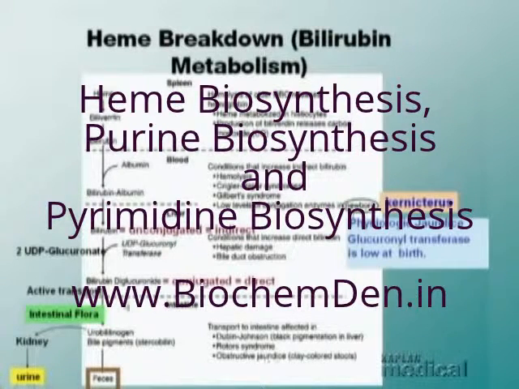Why is that? You can picture there's a big block preventing the bilirubin from getting from the liver to the small intestine, and therefore the feces are not going to have this characteristic brown color. Instead, they're going to be more clay-colored because the heme degradation product didn't get there.